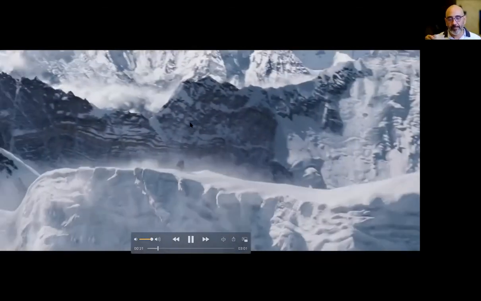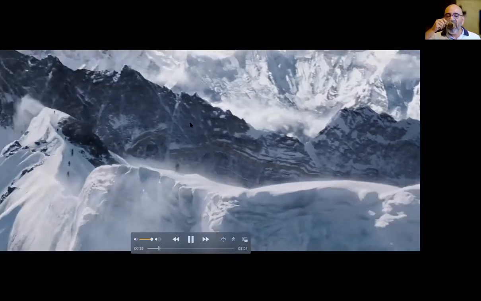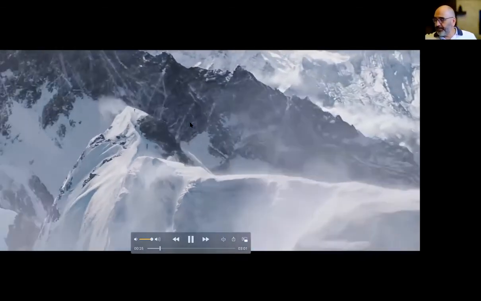Human beings simply aren't built to function at the cruising altitude of a 747. Everest is without doubt the most dangerous place on Earth.